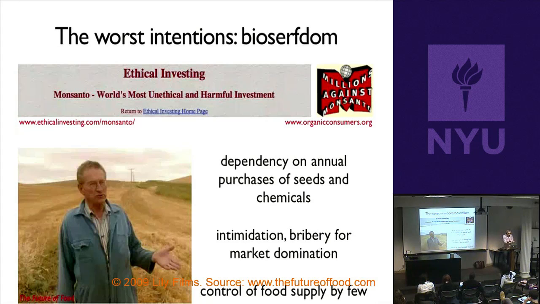And then the other important thing that Percy did in that settlement is he refused to have a gag order. So as you saw in the clip, all of the other farmers who had ever settled with Monsanto not only had to sign the settlement agreement and usually pay some kind of settlement to Monsanto, but they also had to sign a gag order that said they wouldn't talk about it.